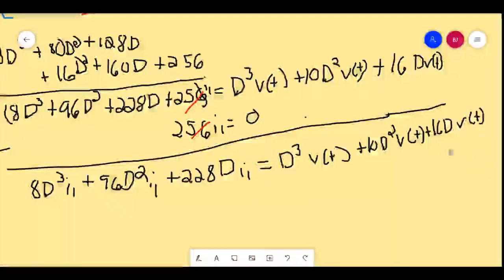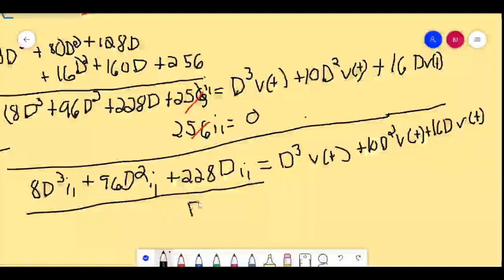All of them have d as a coefficient, so we can divide all of them by d. So we'll eliminate d here, divide this with d, and divide this with d as well. Again, this was only possible because all the terms have a factor of d.